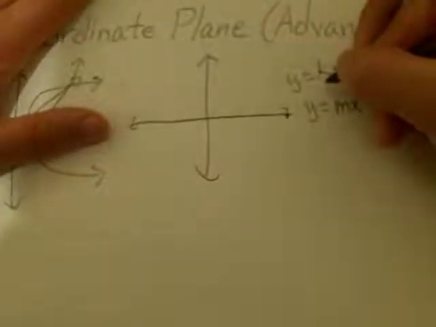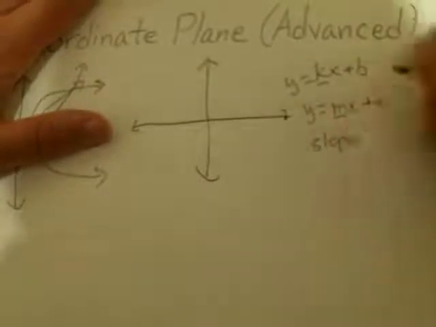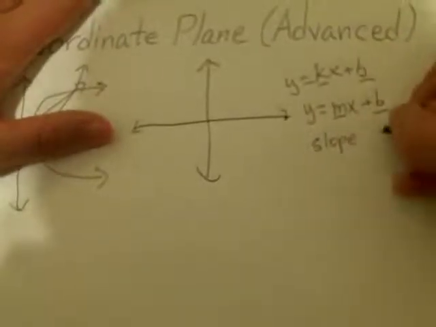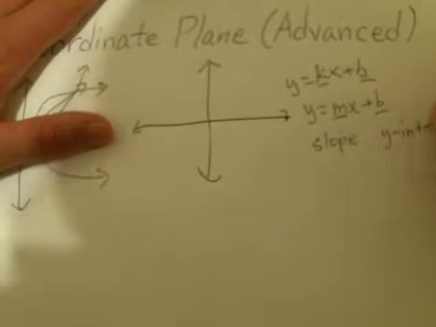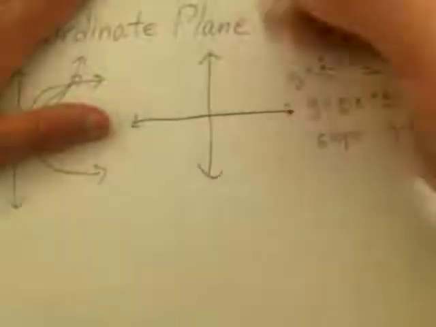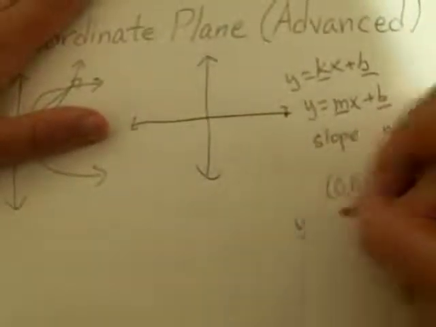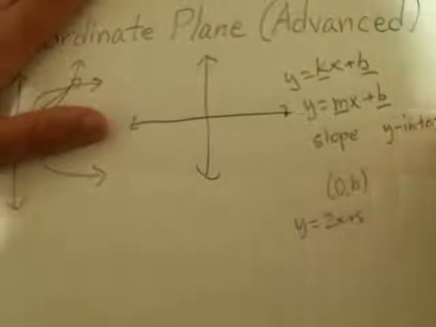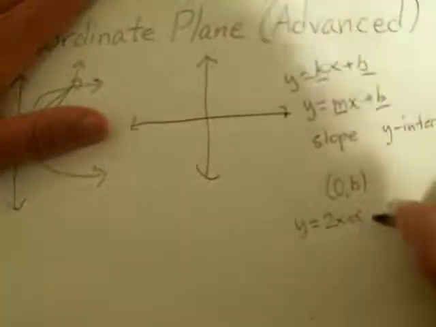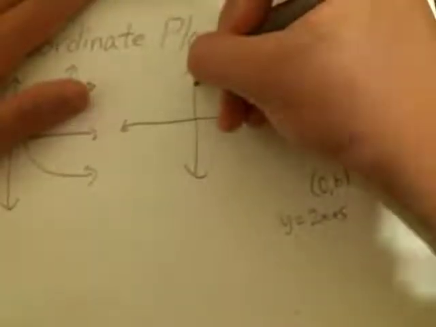But nevertheless, k and m are both the slope, and b is the y-intercept. So for this b, you would have the y-intercept as (0, b). For example, if you had y equals 2x plus 5, the b here would be 5, so that means the y-intercept is (0, 5). Let's graph that here.